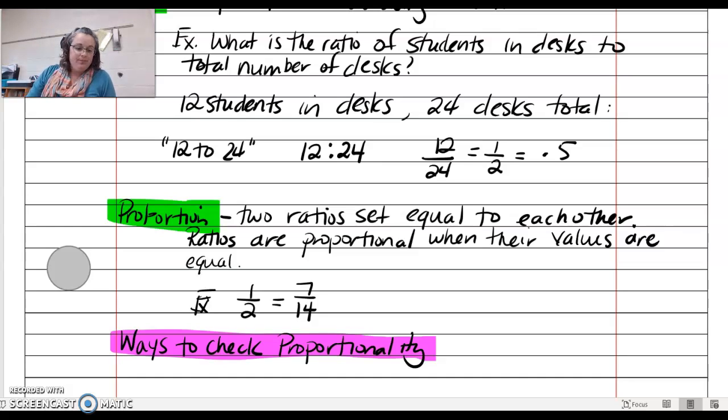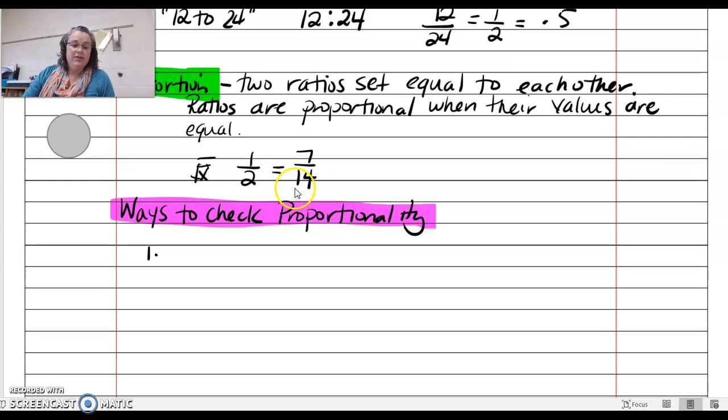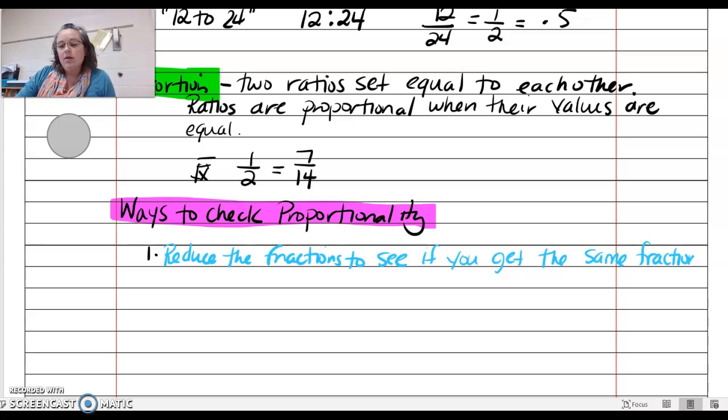One, we could reduce the fractions to see if you get the same fraction. So I might write this in a different color, blue. Okay, so like 1/2's already as far as it can be reduced.